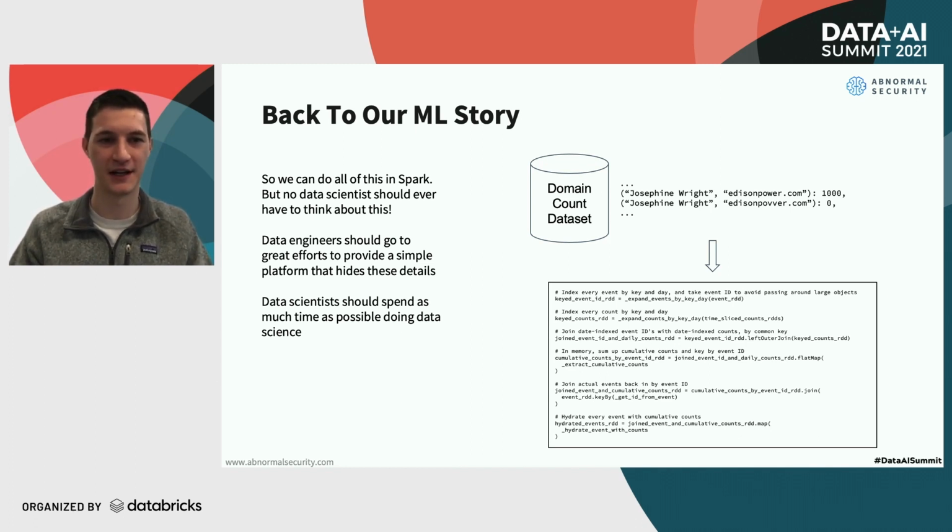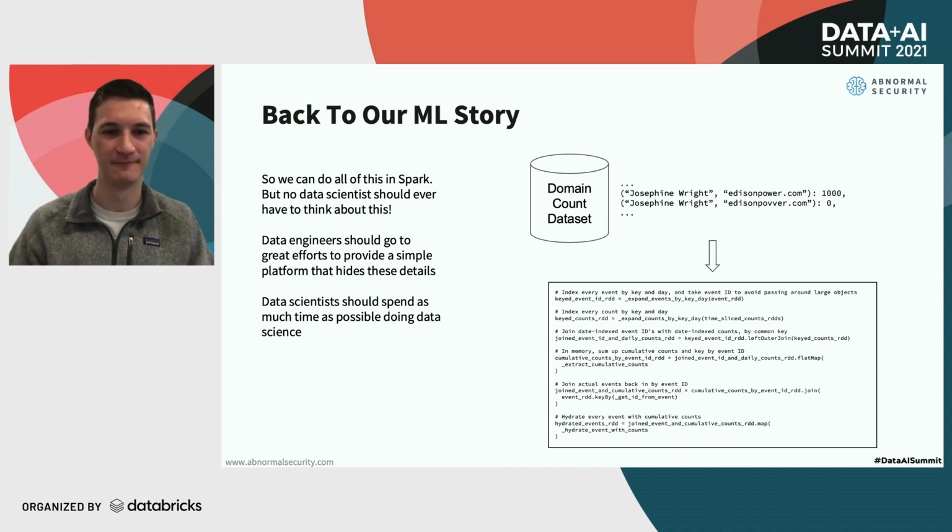It's going to be very slow to add new features, and we're not going to be catching these new kinds of attacks very effectively. So data engineers have to go to great lengths to hide all these complicated details and just provide a simple platform that does all this under the hood, so that data scientists can do data science as much of the time as possible.